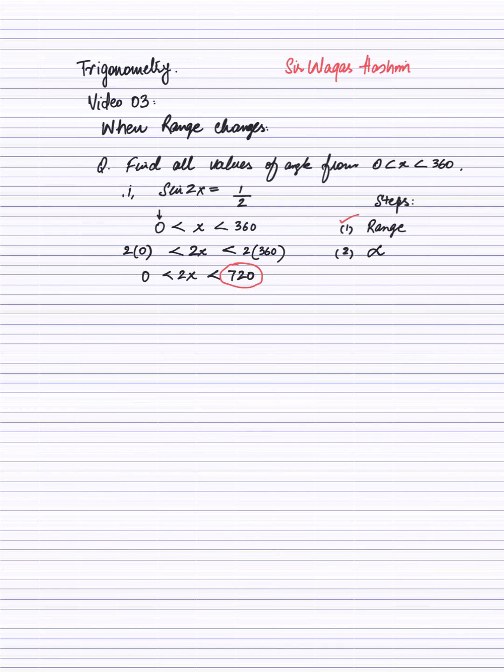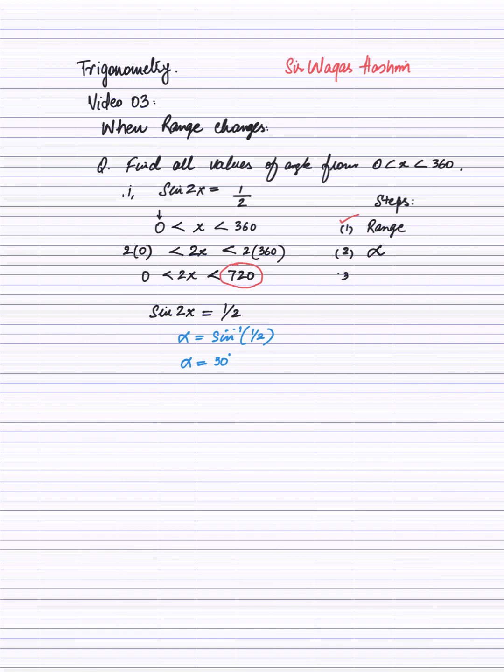Your question is sine 2x is 1 upon 2. So alpha equals sine inverse of 1 divided by 2, which is 30 degrees. Alright, so that is your second step.